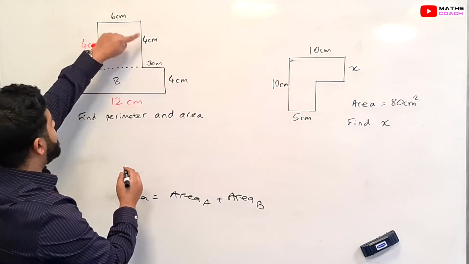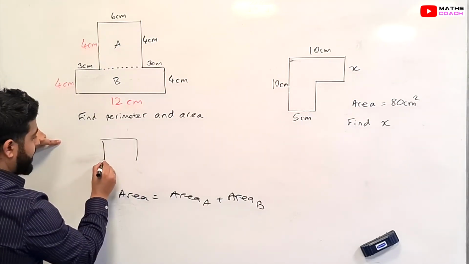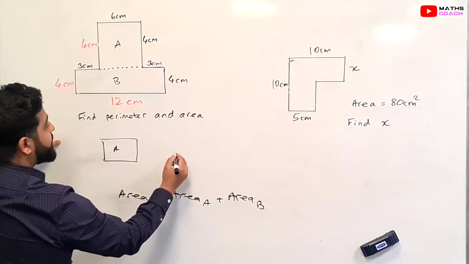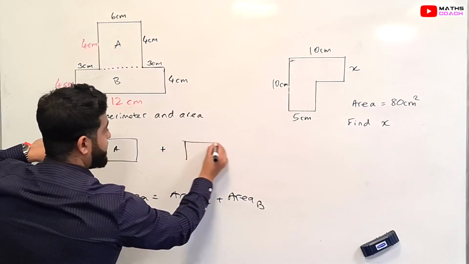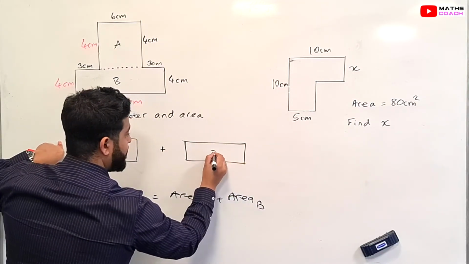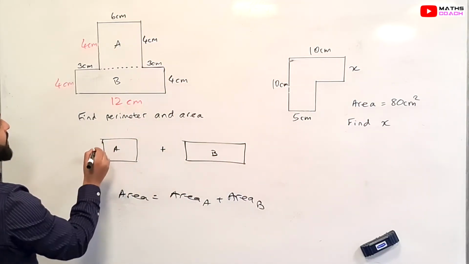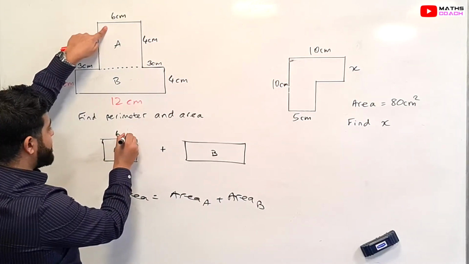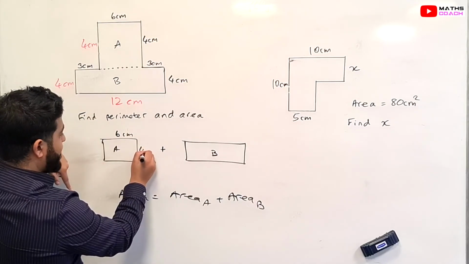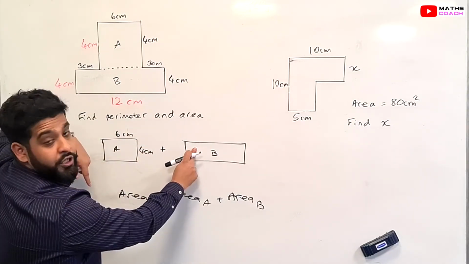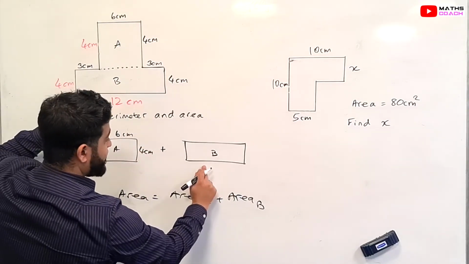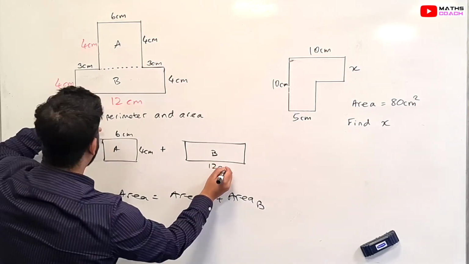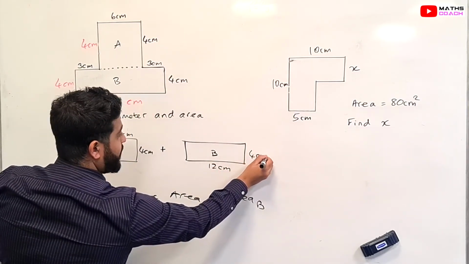So let's draw out our shape A, which is this, and our shape B, which is this, and fill in the missing lengths. We know for shape A that this is 6 centimeters and this here is 4 centimeters. For shape B, we know that this is 12 centimeters and this is 4 centimeters.